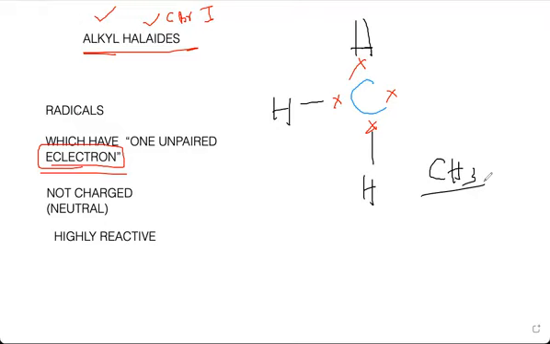In CH3, carbon is making 3 bonds with hydrogen, and one unpaired electron is still there, which can make a bond with one more hydrogen to give you CH4. CH4 is charged? No, there is a sharing of electron. Hydrogen is not losing or gaining electron right now. So this is CH4, the methane. Methane is not a free radical.